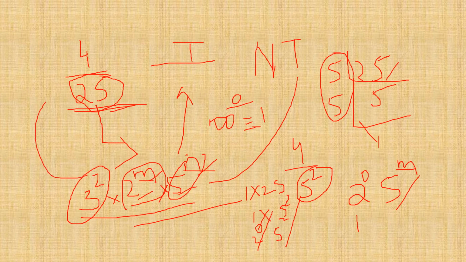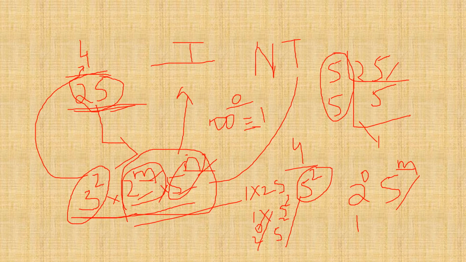You should check with the numerator also. If there is any cancellation, you should do the cancellation first. If there is only this one, then it is terminating. If another number also is included with this, then they are non-terminating. You will come to understand this when we go forward to the problems.